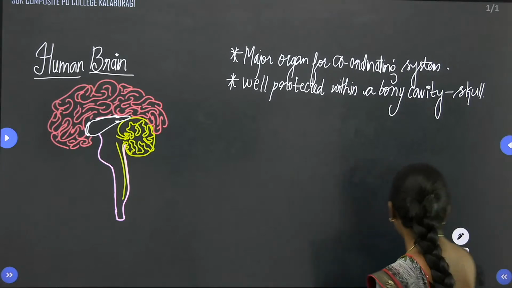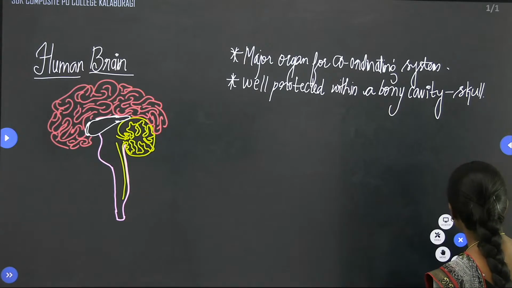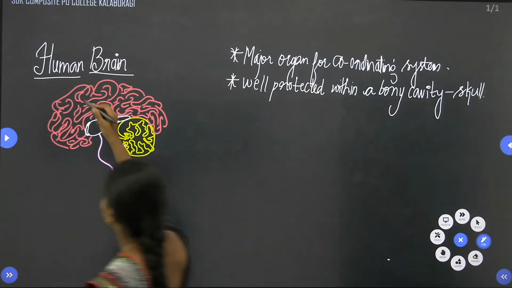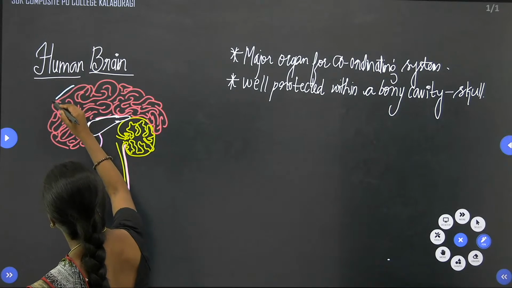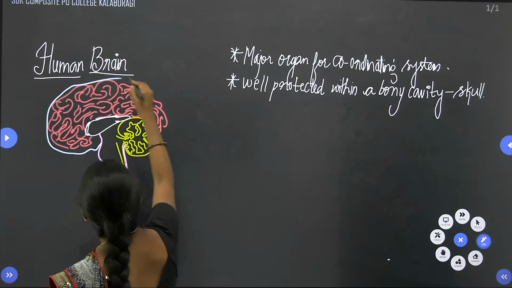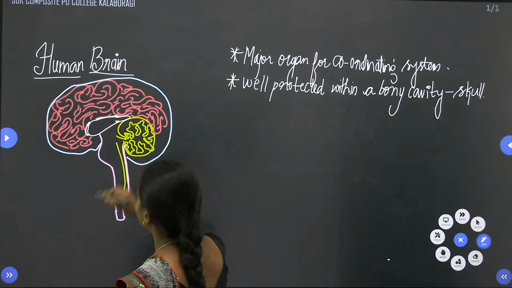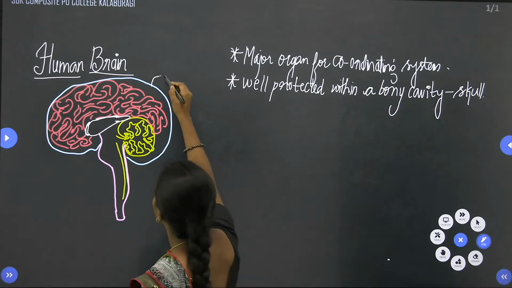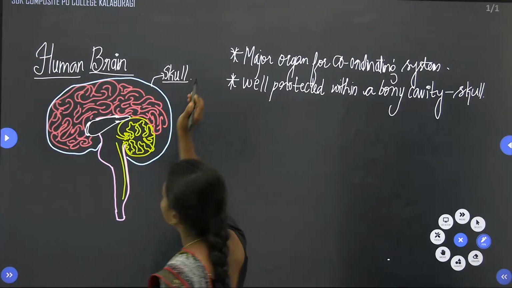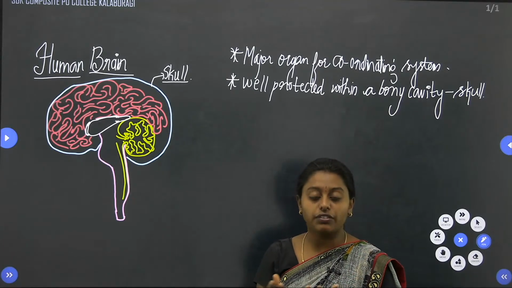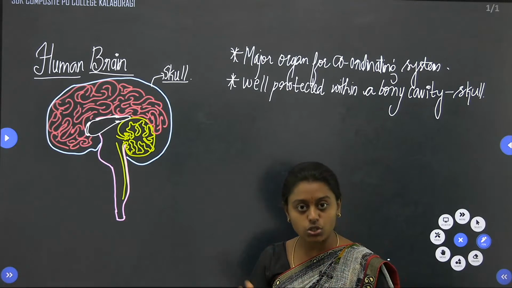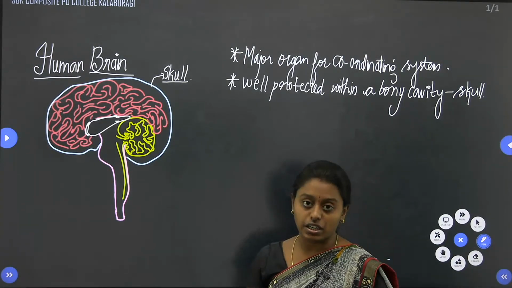So skull is the major bony cavity. Skull is the bony cavity that covers the brain. The bony cavity within which the brain is well protected, such a structure we name it as skull.